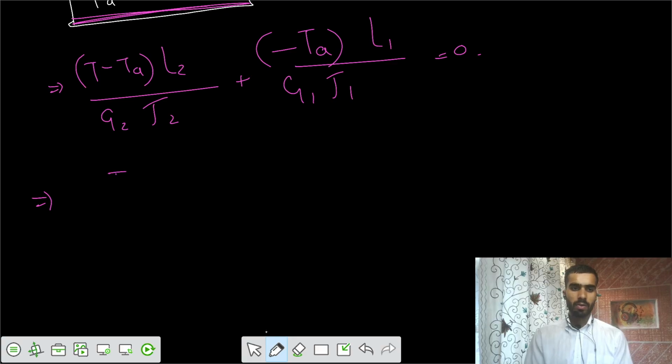You got the value that T L2 by G2 J2 should be equal to TA.